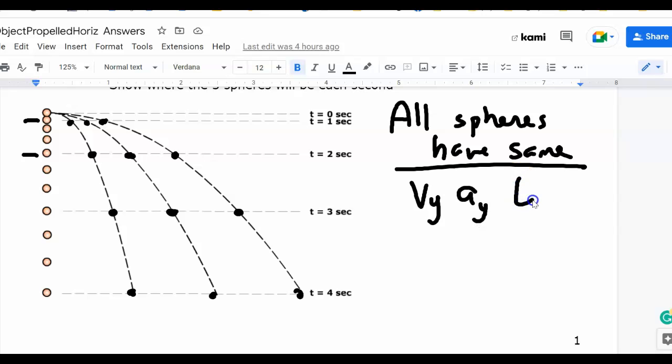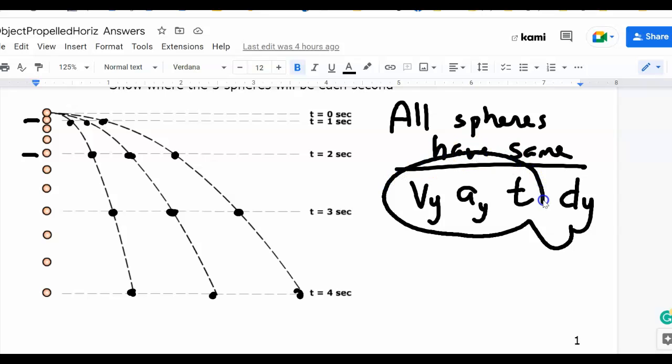Oh, good. Drop time, same t, right? And there's one more thing that they have the same. It's a d, but it's a d what? dy, right. So there's the mathematics as to why, at every moment in time, they always have the same dy. Because they have the same viy. Oops, my bad. Well, yes, I'm going to say it's true, but they also have the same viy.